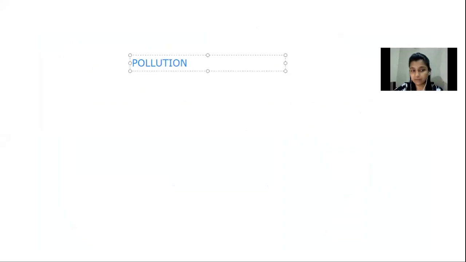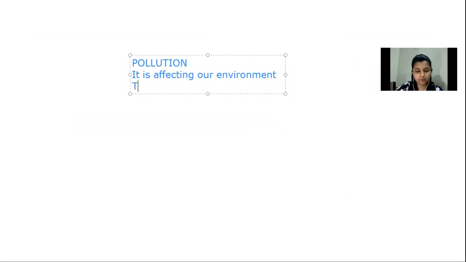Okay, I have written pollution. Now I am writing it is affecting our environment. Okay, now I have written that. Now in the next heading I want to give the types of pollution. You might have done that in your science class also.